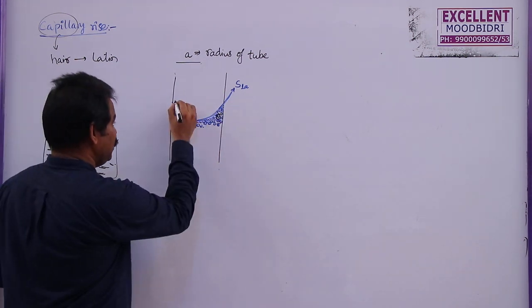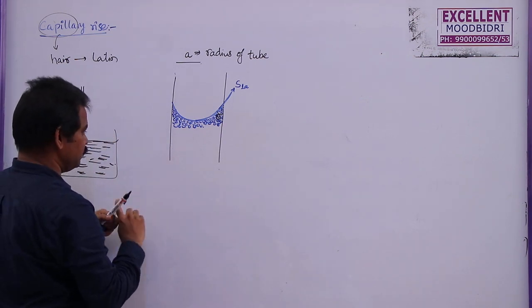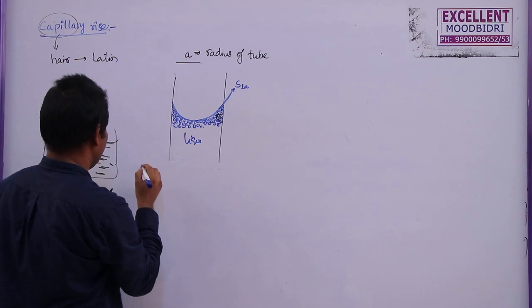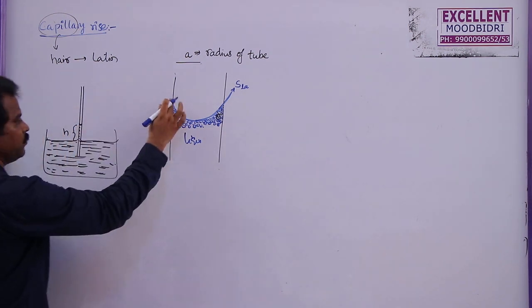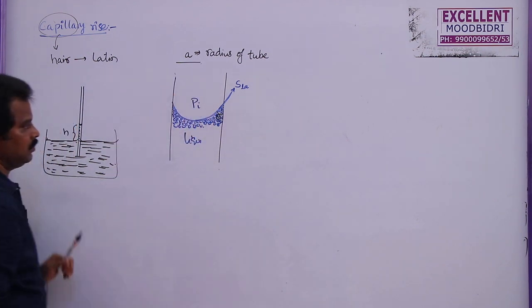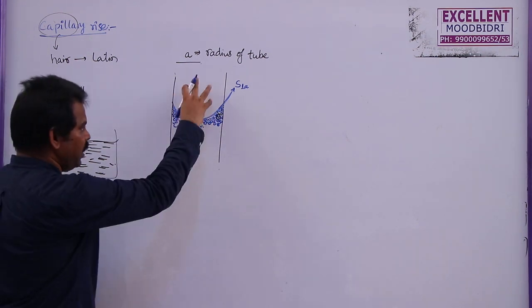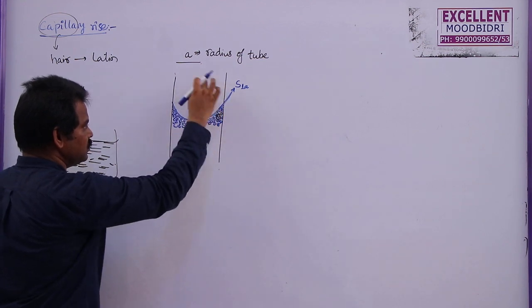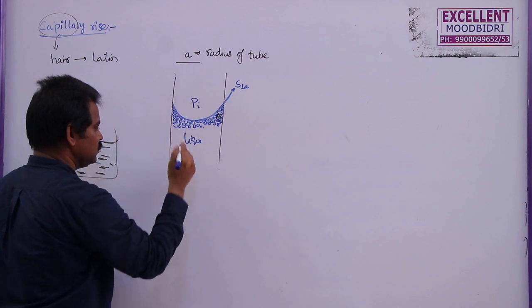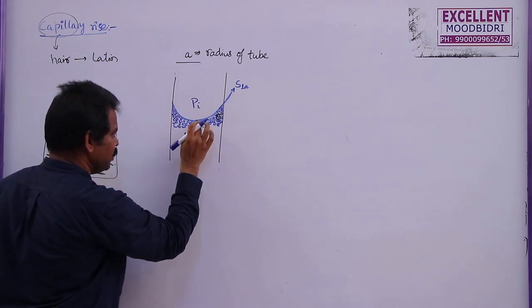Now if you observe this diagram, this is the liquid, this surface is drawn here, and this is the pressure inside this air bubble, because this is air here. Now this is just nearer to this surface.